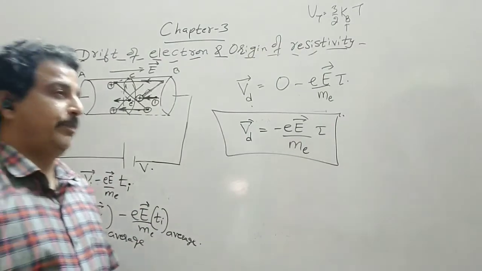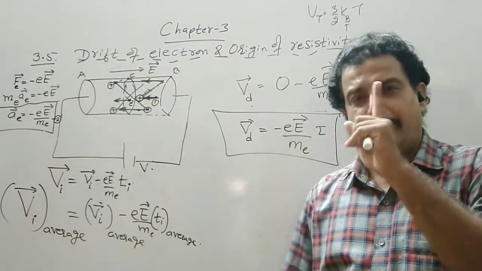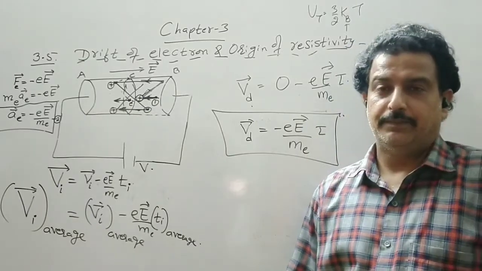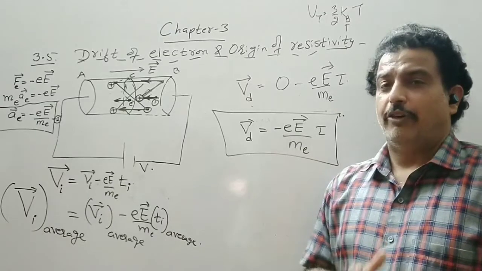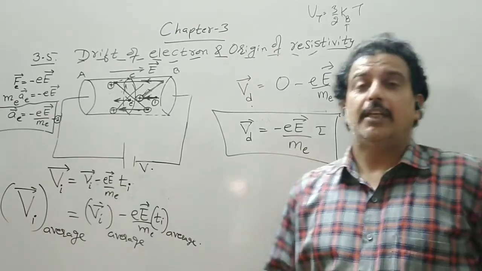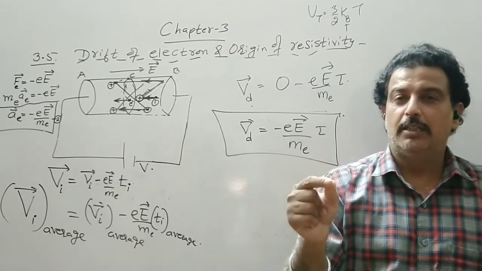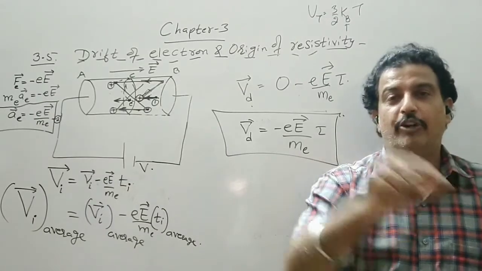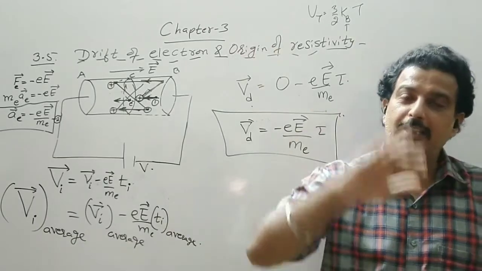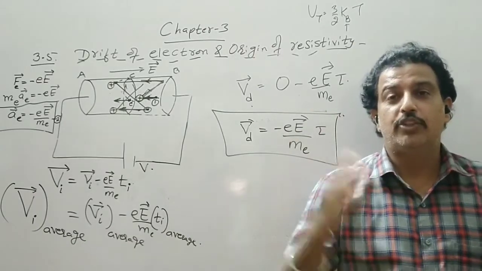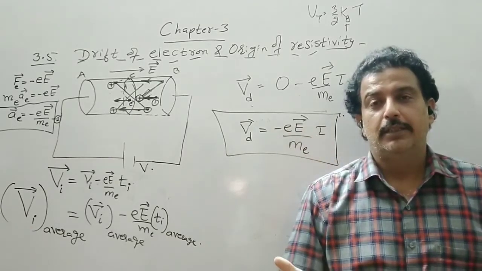So in the first part, let us assume only one electron. Remember this. If I assume one electron, for the first time its relaxation time was 10 minutes, so I find out the final velocity for 10 minutes. Then again the relaxation time is 20 minutes, that is the time between two consecutive collisions.